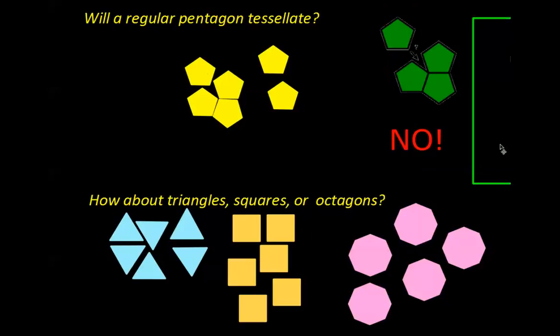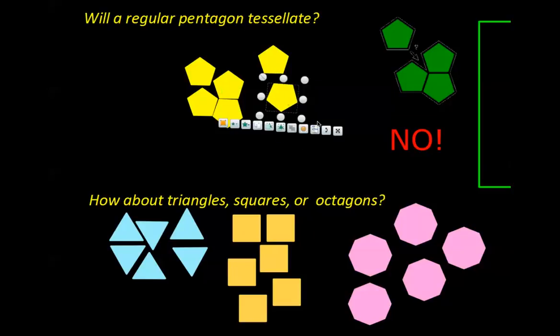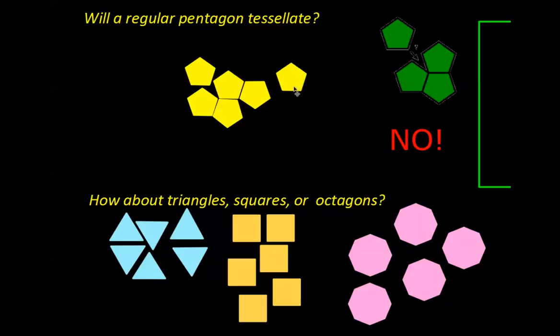Now, I've already done this earlier to show you, no, it just can't work no matter how I try to put them together. I can put some of them together such that they touch, but ultimately I can't find a way to get them next to each other such that there's no gaps or overlaps. I could put this one on top, but that's overlapping, and that's not allowed in a tessellation.